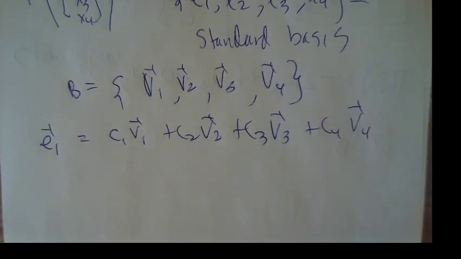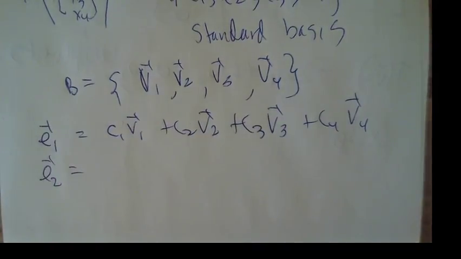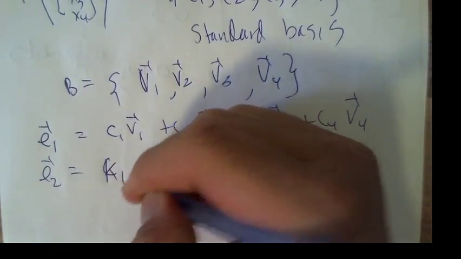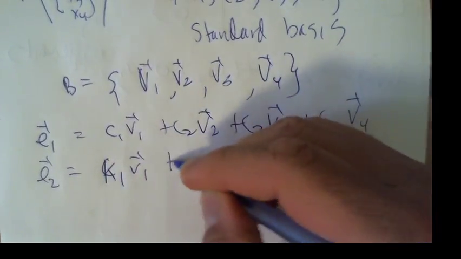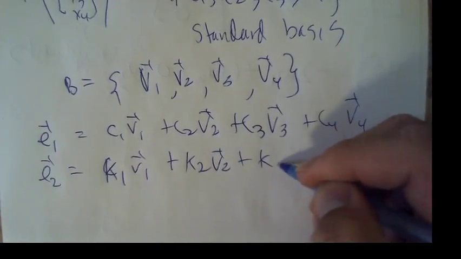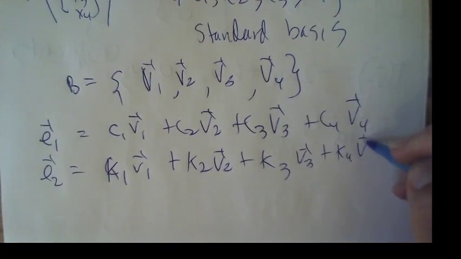And you would have to do this for each one of those, which is why I said this is where a lot of the work is going to happen. So let me use a different variable: K1 V1 plus K2 V2 plus K3 V3 plus K4 V4.